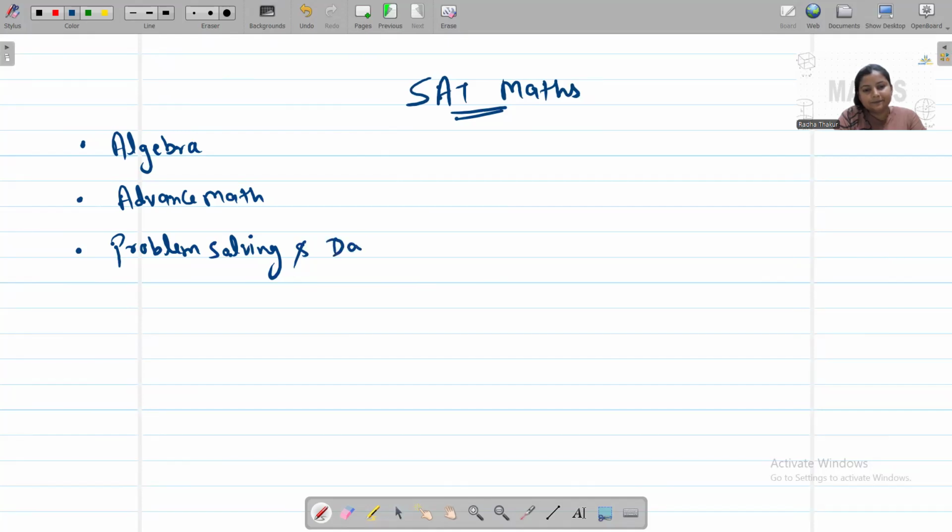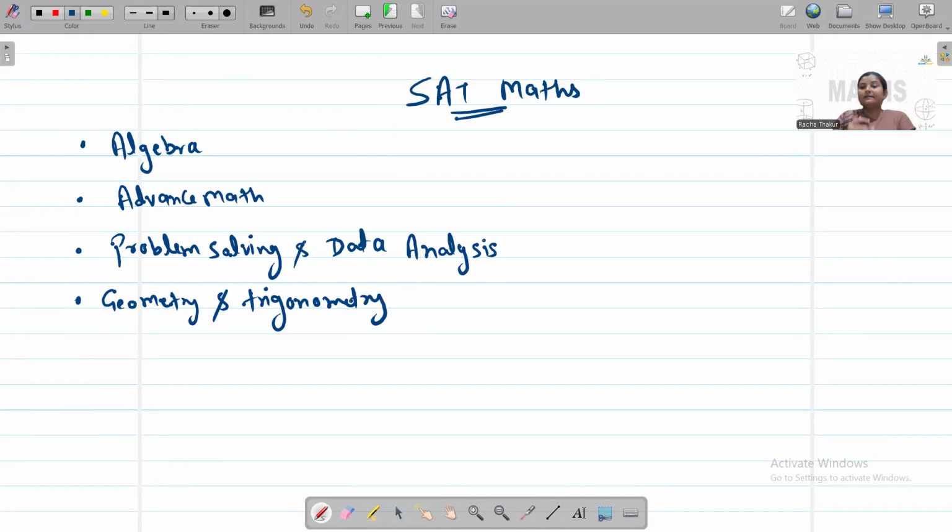And the last and fourth one is geometry and trigonometry. So these are the 4 categories of the math syllabus.